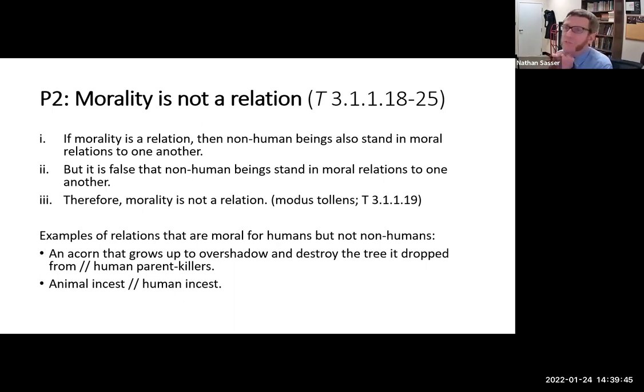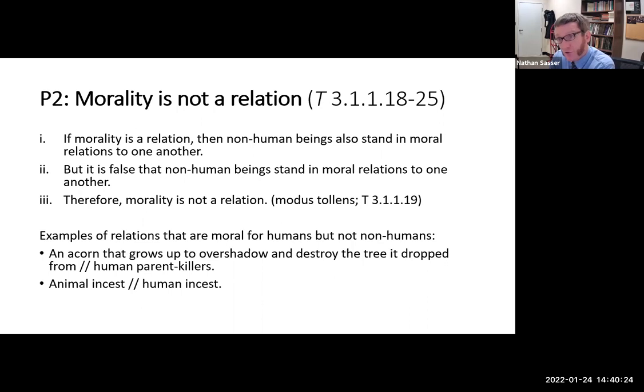Let me explain this. He gives us a couple of colorful examples. So you might think, look, let's take a terrible crime, like when someone assaults or perhaps even kills their own parents. You would think that's a terrible crime of ingratitude. And if you want to say the wrongness of this action lies in the relationship that the child has to the parent and the assault that they committed, ending its life, well, consider a non-human example of the exact same relationship.